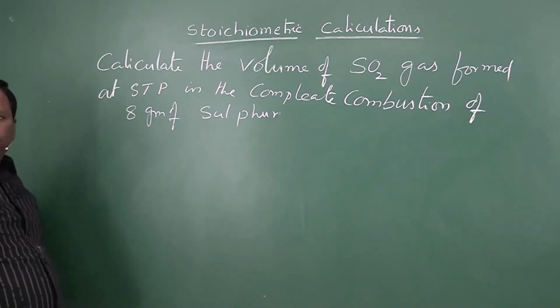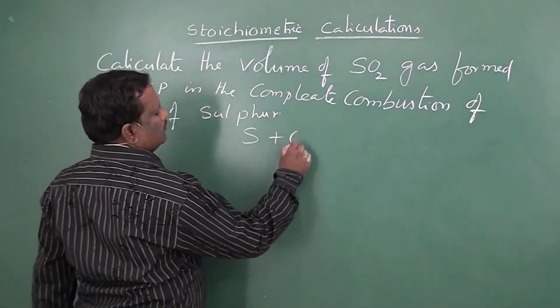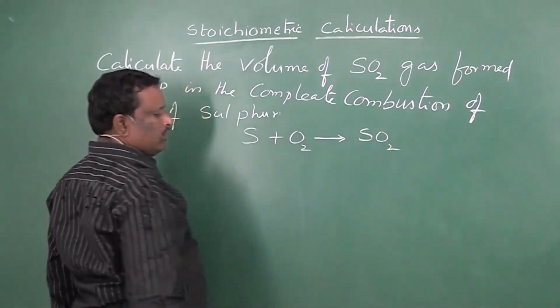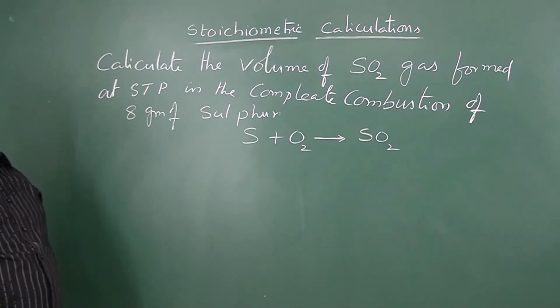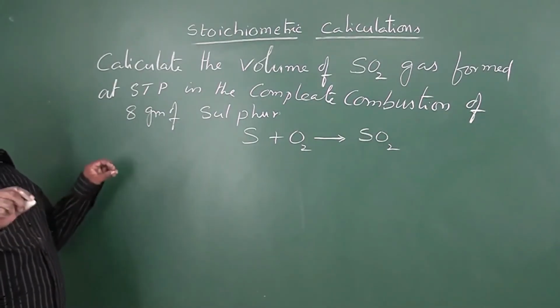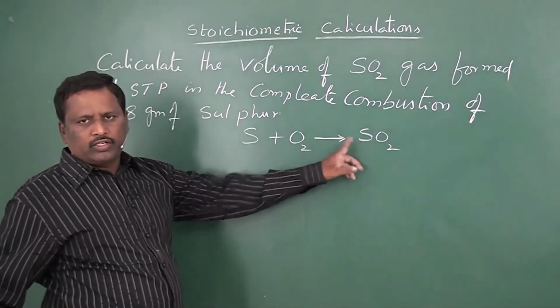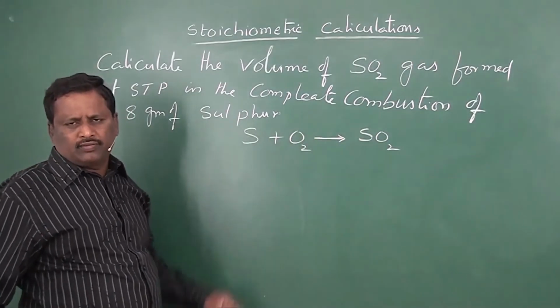For that, the equation is S plus O2 gives SO2. It's a very familiar and common reaction. Now, if you apply the stoichiometric proportions here, one sulfur on the reactant side and one sulfur on the product side, 2 oxygens on the reactant side, 2 oxygens on the product side. So, it is a balanced equation.